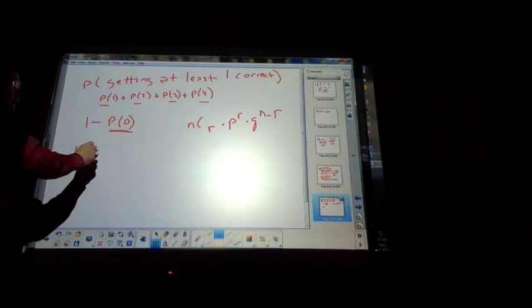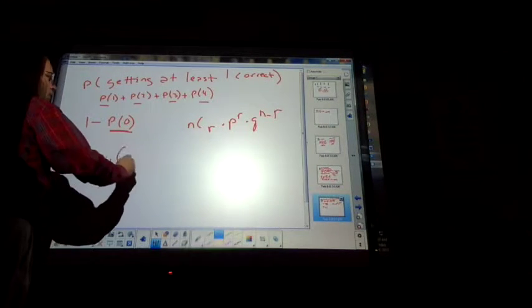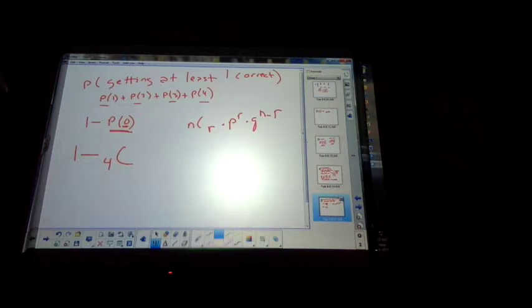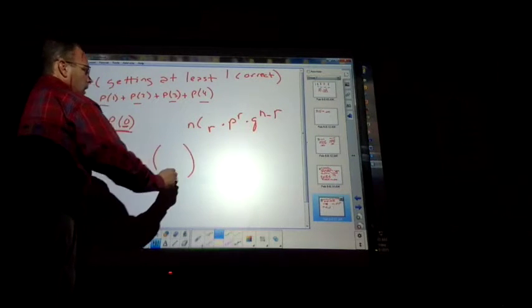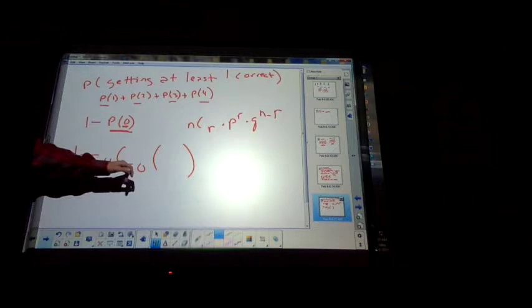So I'm going to go 1 minus nCr. How many questions do I have left? There's 4. Choosing the probability we get none of them right. Okay? Times the probability of this event.